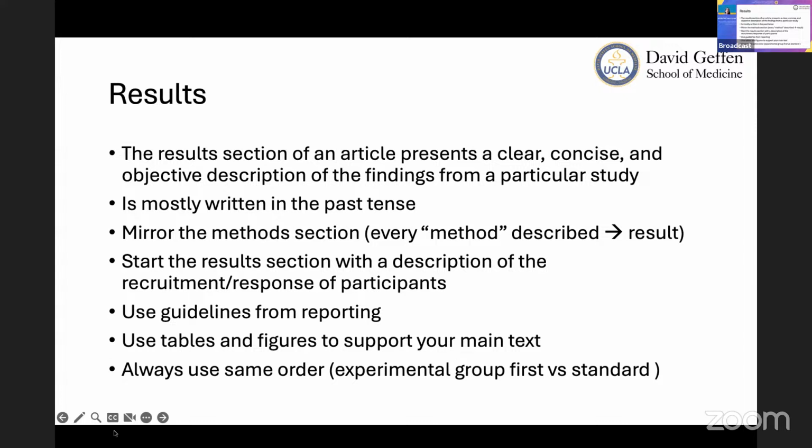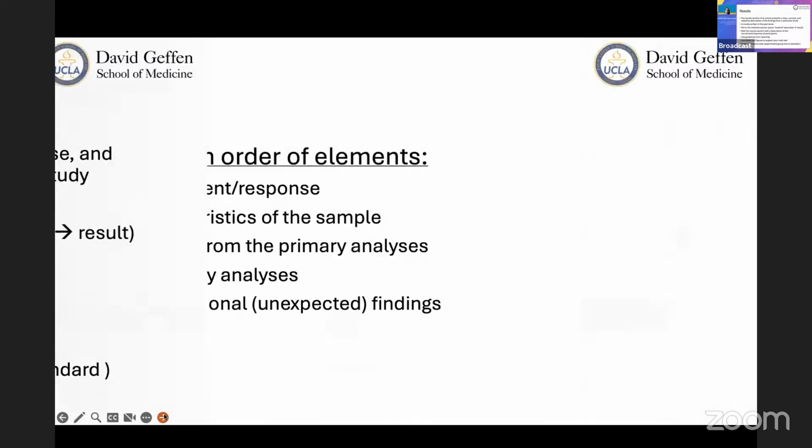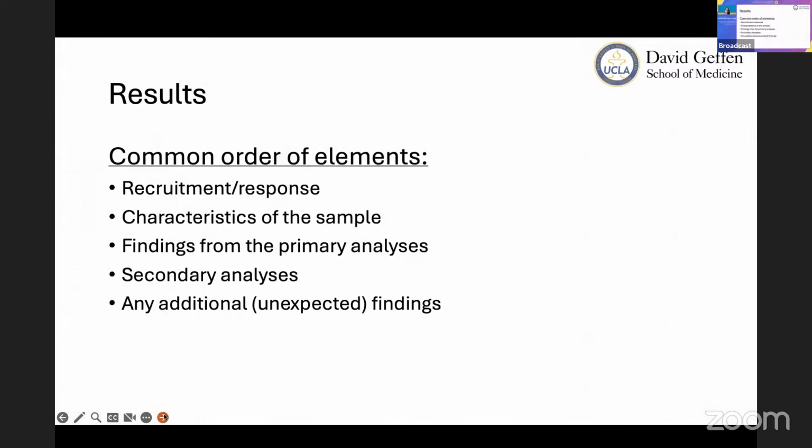Again, always use the same order, usually experimental group first and then the standard group, throughout the paper. Don't keep changing because that makes it very confusing for the reader. So the common order of elements is recruitment, or the response rate if it is a survey. Then the characteristics of the sample, like the demographic characteristics, such as age and marital status and other things that you would have collected.